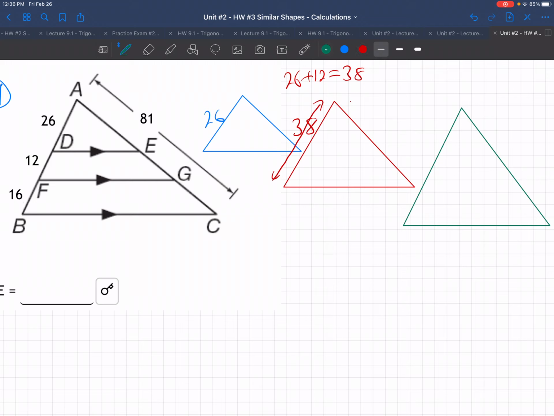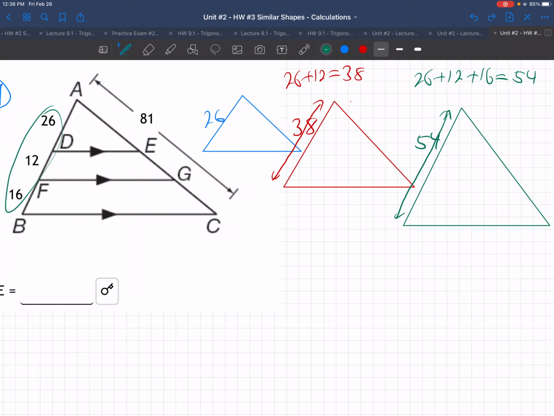And then for the big one, you add up all 3 of these. And so that's 26 plus 12 plus 16. What's that? 58 minus 4. I think it's 54. Let me see. 38, 40, 49, 54. Yeah, 54. Okay, so this whole side here is 54.